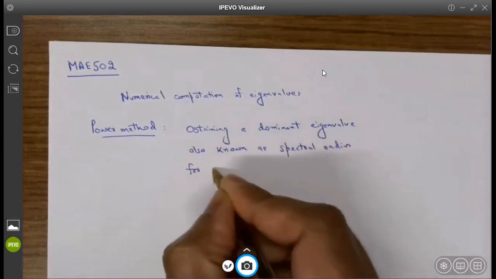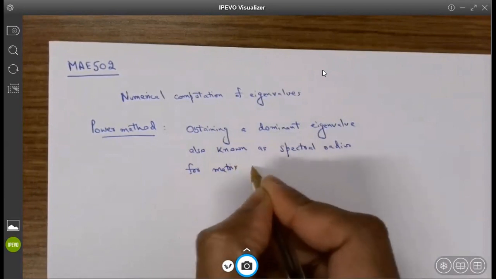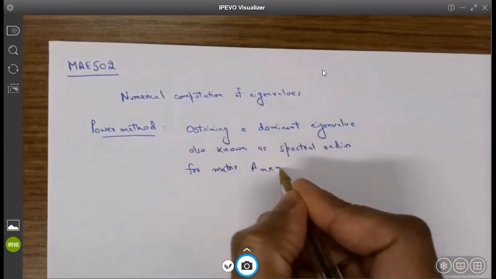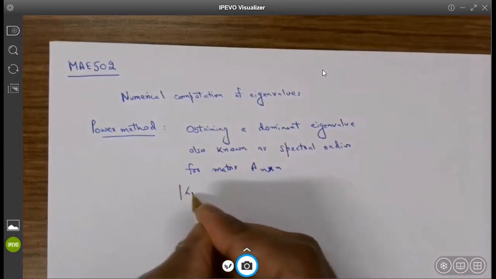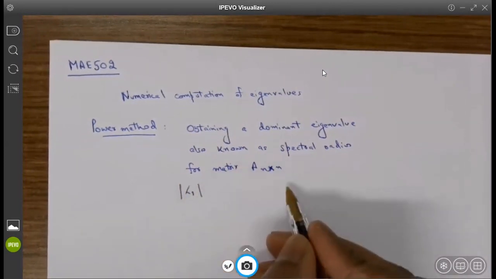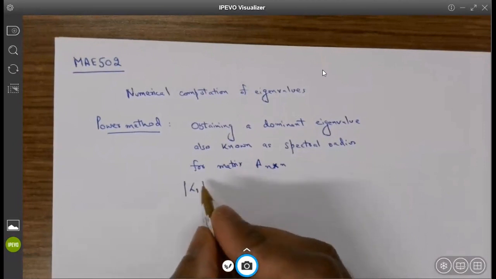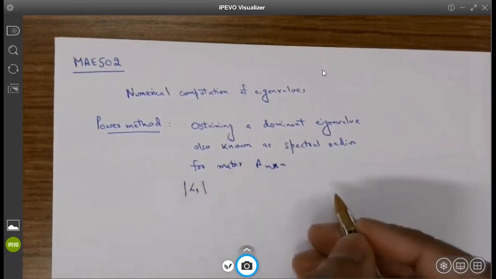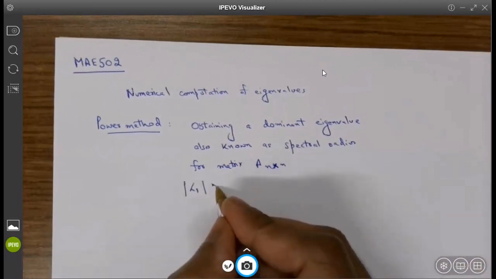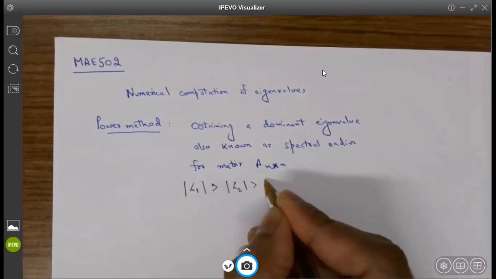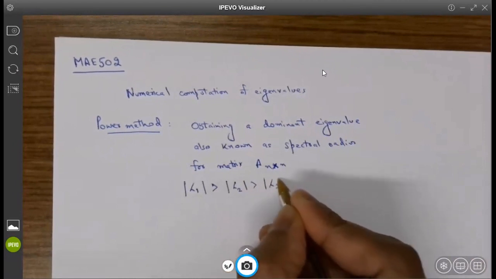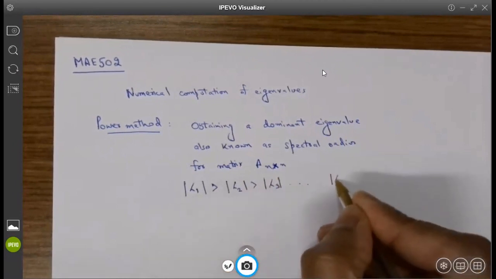Radius for matrix A. So A is basically n by n, and dominant eigenvalue basically means that it has got n eigenvalues, and if you take the absolute value of them and arrange them in descending order, this is the largest, and from there onwards everything goes on like this.